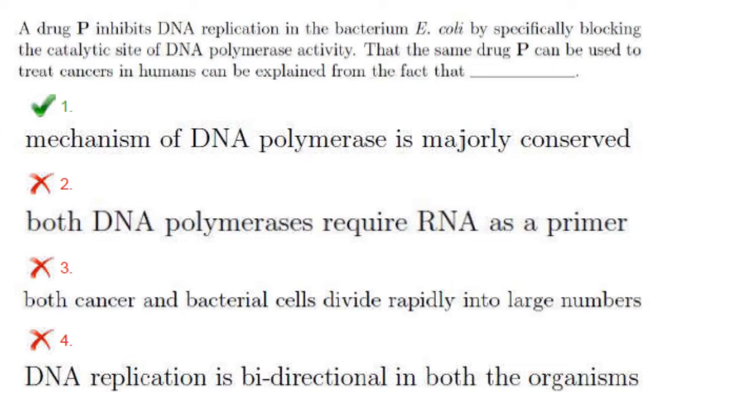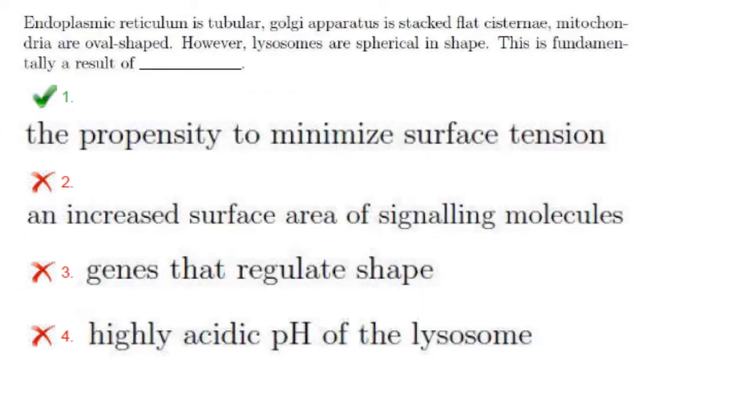That is why, because the drug is blocking the catalytic site of DNA polymerase activity. So the mechanism of DNA polymerase is majorly conserved in all from bacteria to humans. Then P can be used as a drug to treat cancers in humans.